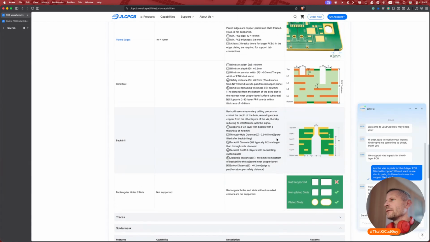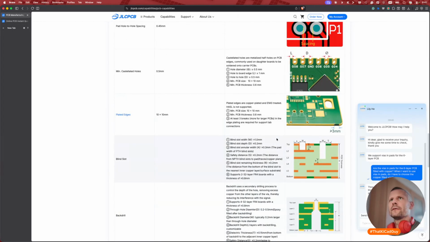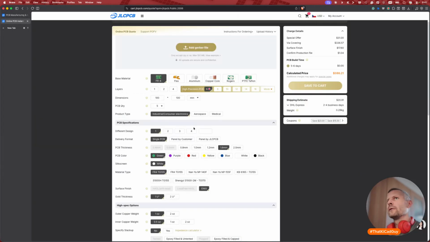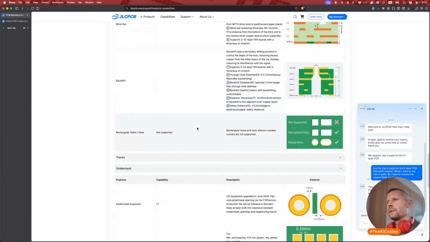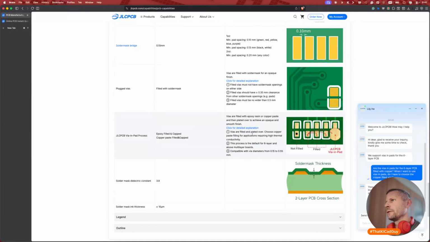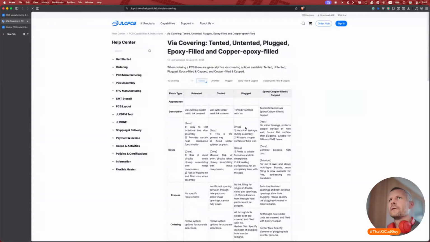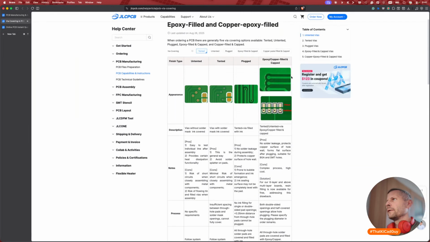I think the answer is here. No, here. Where it was. Here. Yeah. Copper-filled vias. But this is in the section of epoxy fill, I don't know.